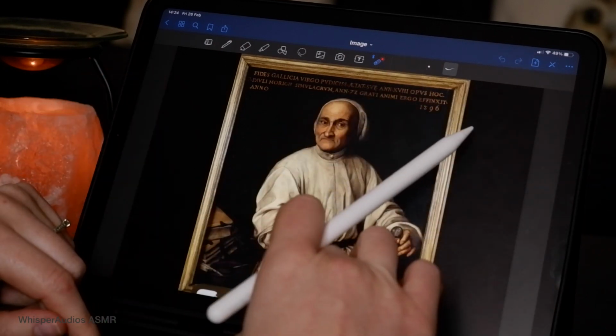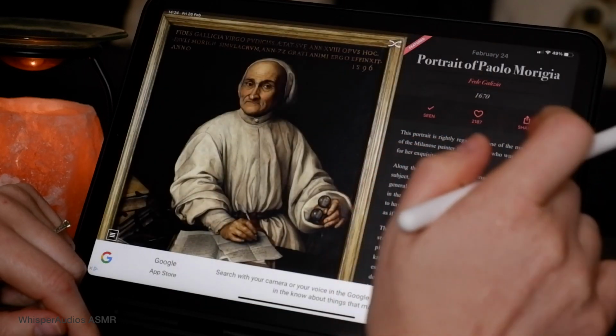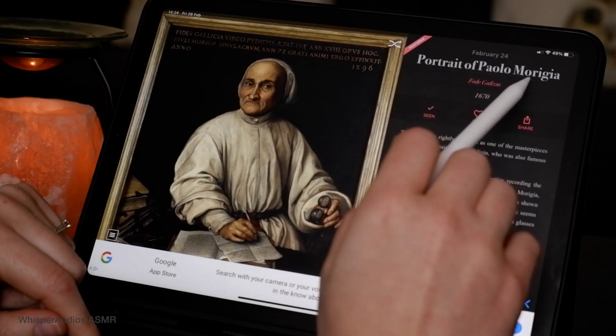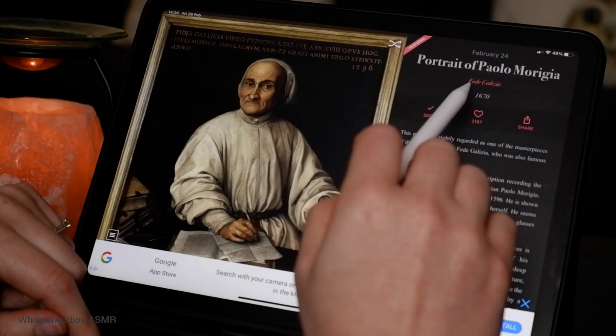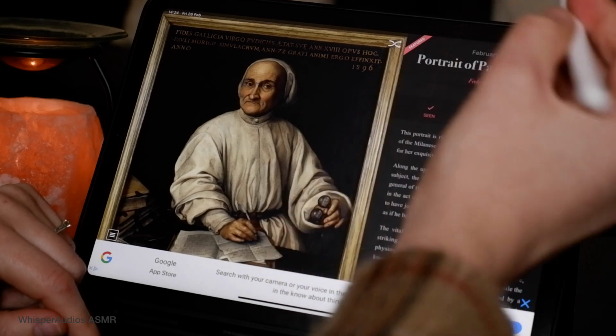So, what is this painting all about? Like we said, it's the portrait of Paulo Morriga by Galicia, and it was painted in 1670.